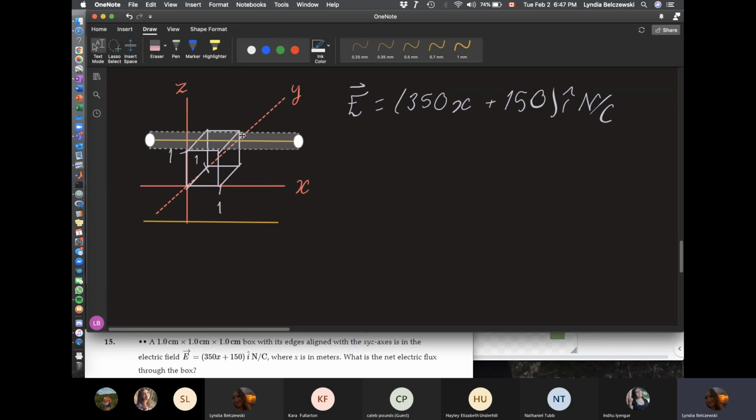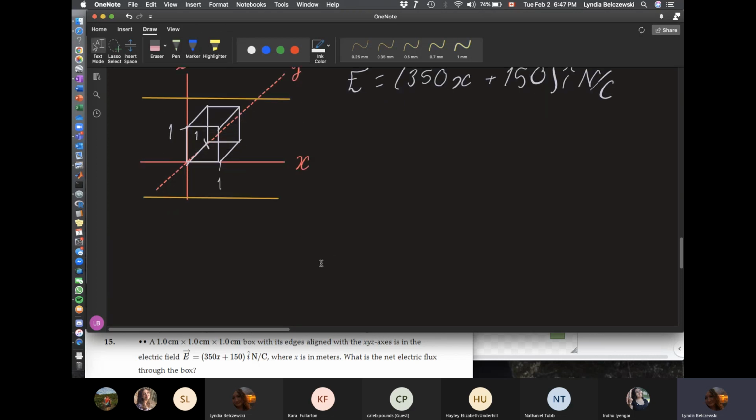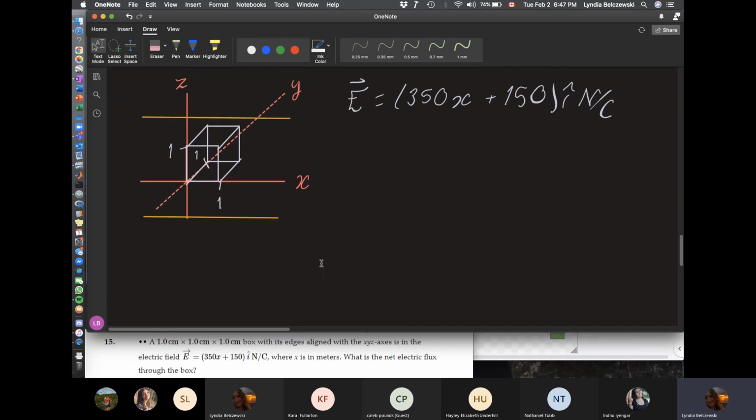None of these horizontal field lines are actually going to go through the top surface of the cube. Same thing with the front and back surface. So the field line can go behind or in front of the front and back surfaces, the ones in the ZX plane, if it helps to think about it that way. But no field lines will actually intersect that surface.